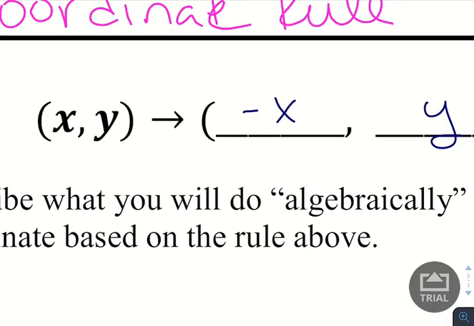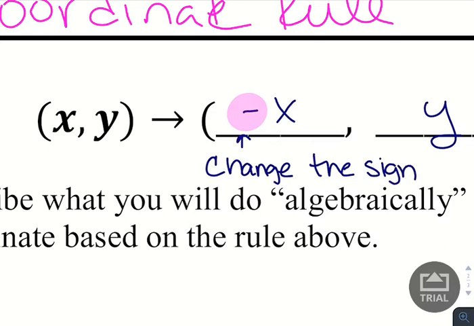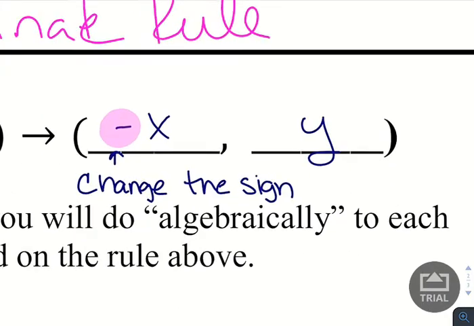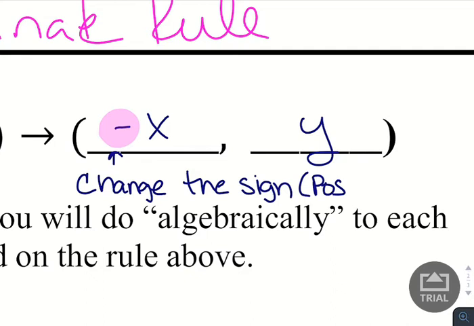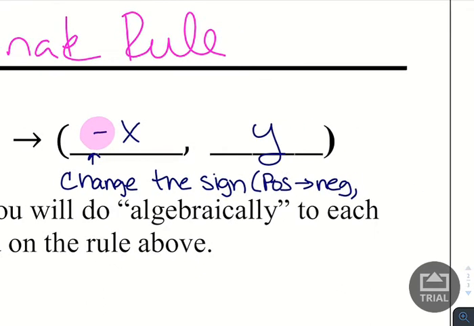In other words, if it's positive, make it negative, or vice versa. So what's going to happen algebraically? We're going to keep the y value the same, and change the x value.